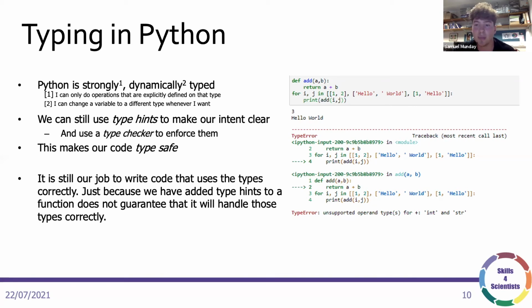We can still use type hints to make sure that our intent is clear, and we can use a type checker to check this. This all comes together to make our code type safe. By doing type checking, we can get a bit more reasoning and understanding from our code. If you write bad code with type hints, you can still understand what's going on, and if you write good code with type hints, you obviously can understand even more.